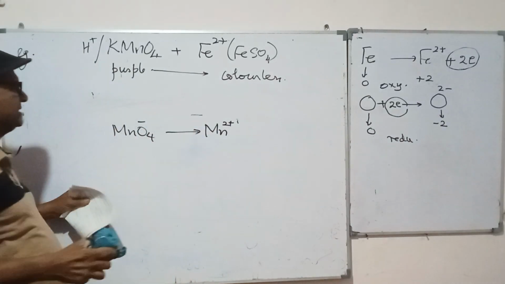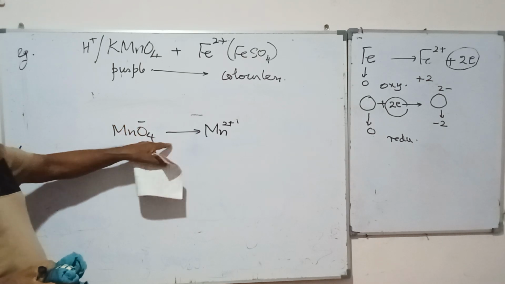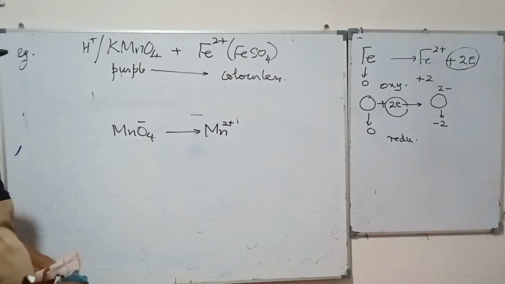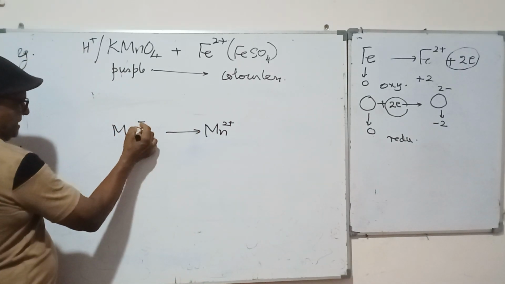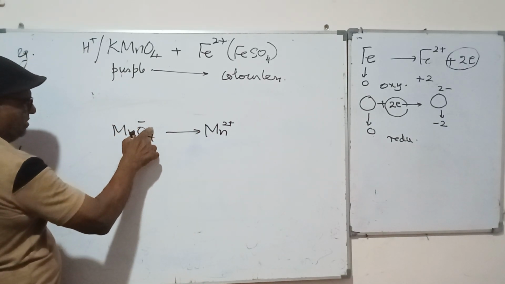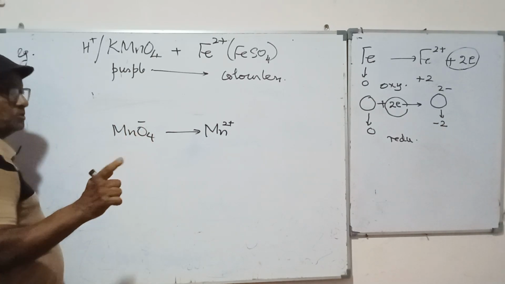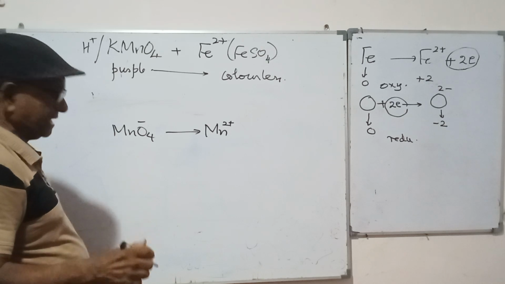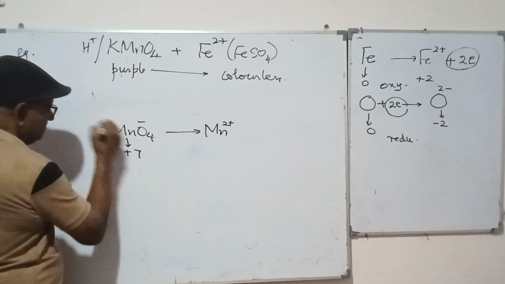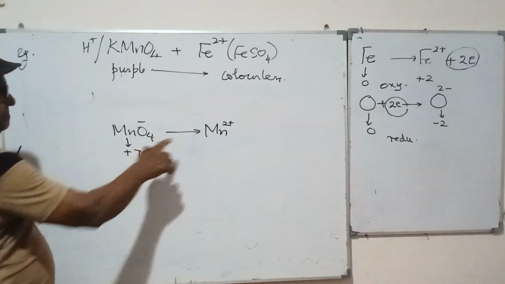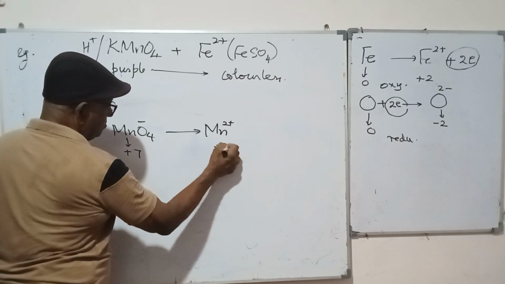Then we must know that during the reaction, MnO4 minus becomes Mn2 plus. Then what happened here? So the oxidation state of MnO4 minus, what is the oxidation state of Mn? You know how to calculate the oxidation state. So it becomes plus 7. Mn2 plus has the oxidation state plus 2.